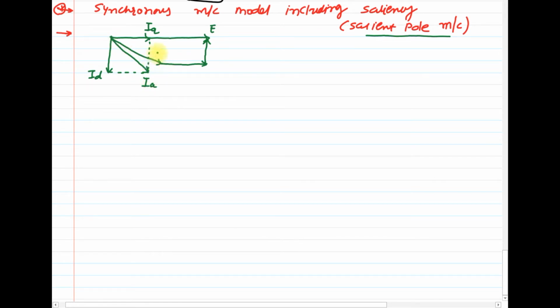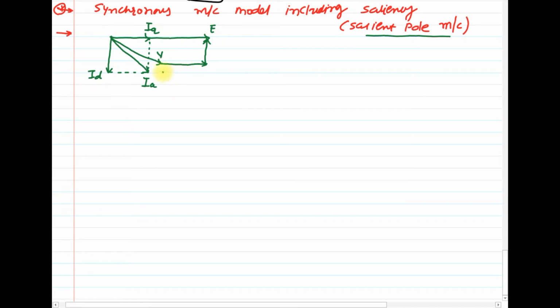Here is the generator terminal voltage V, and this phasor diagram is drawn with the armature resistance neglected. That's why we will not get any vector like IARA. Clear?